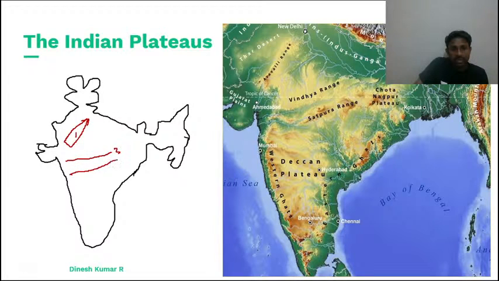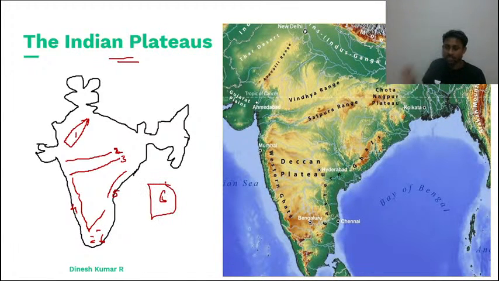This is my third area, 3. This is my next area, 4. This is my next area, that is my 5, and finally these small hills here are my 6th area. So I have divided my Indian plateaus under 6 categories which are different types of mountainous structures.